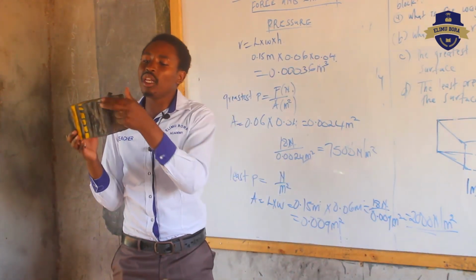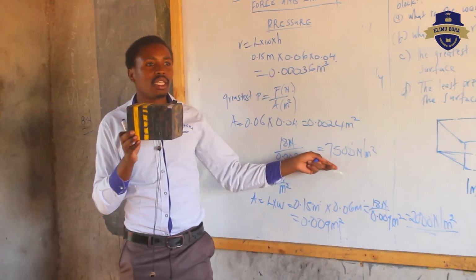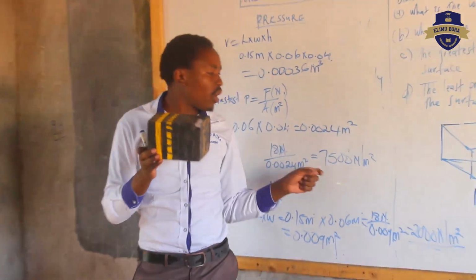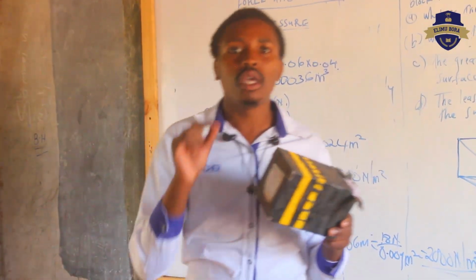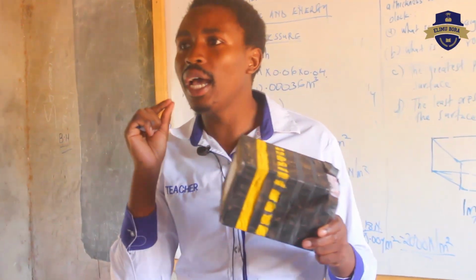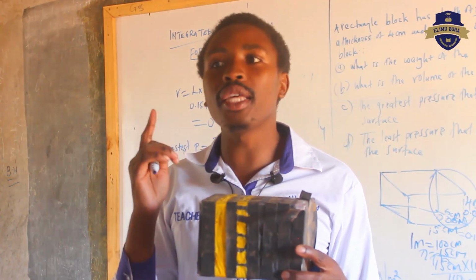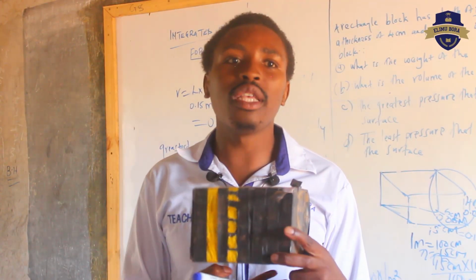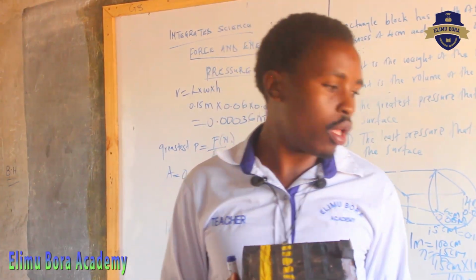And the one that has the smaller surface has which pressure, class? 7,500. That's what we are determining now. The pressure is determined by the surface. When the surface is small, the pressure is high, and when the surface is large, the pressure is low. Thank you.